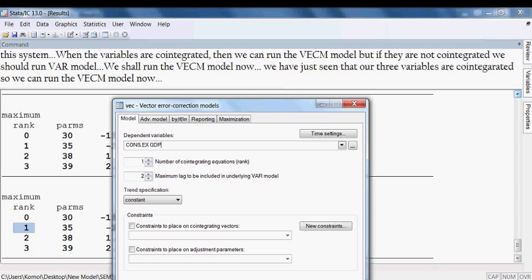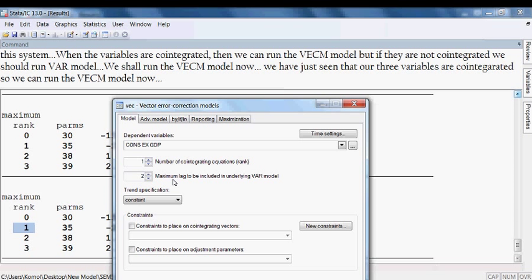And the second issue, the number of co-integration models or rank: we got one from the Johansen test of co-integration. So I put 1 here, because we have this result that there is one co-integration model or rank.